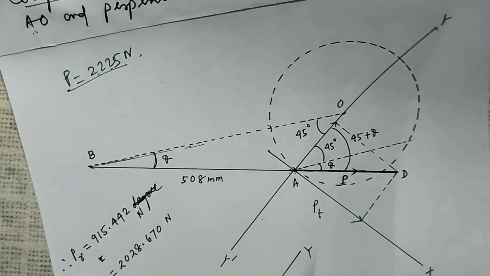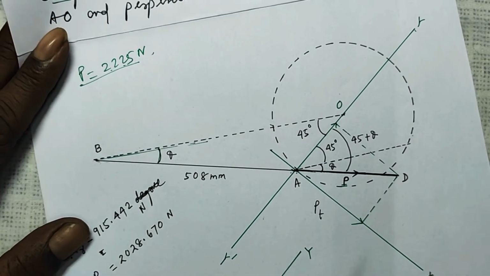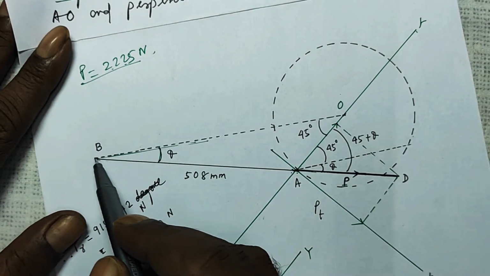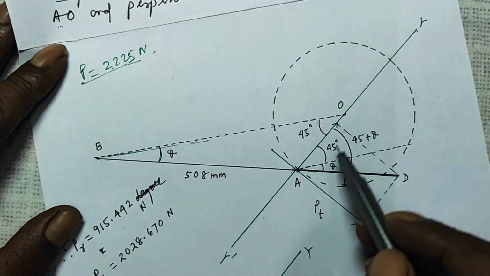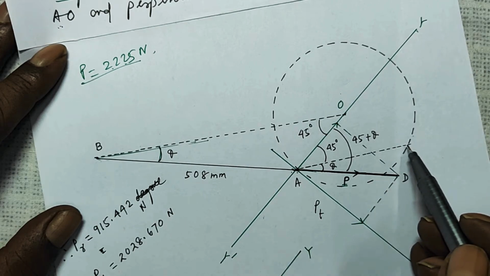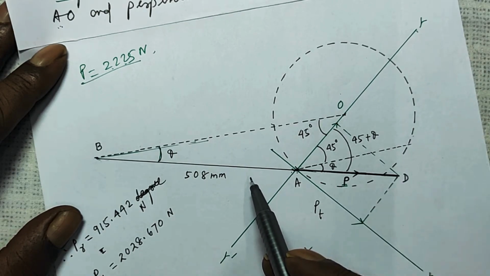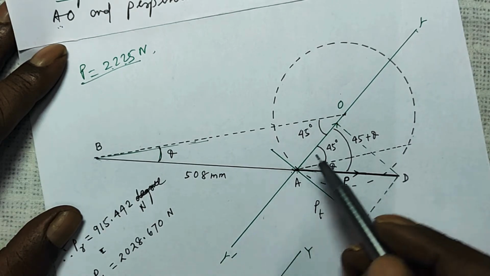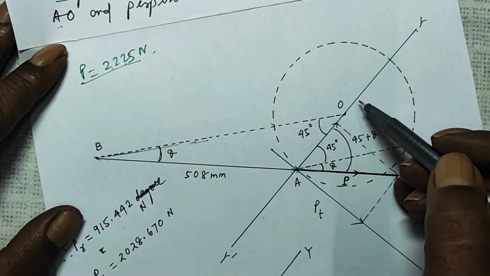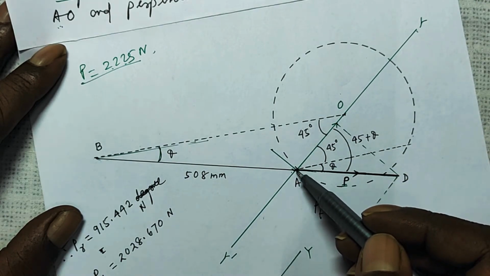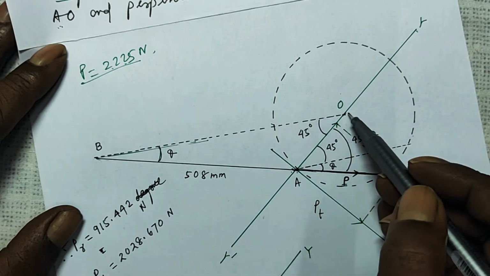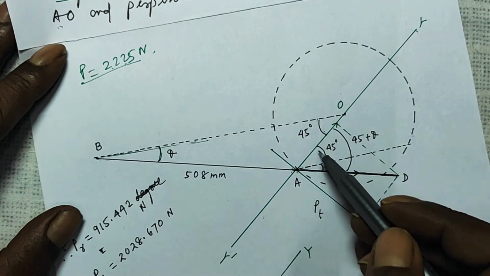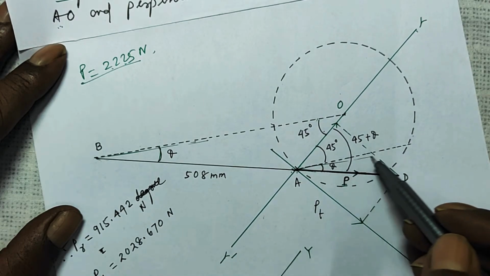So now look at the diagram. This dotted line and this dotted line are parallel, and this is a transversal. So this angle is 45, therefore from here to here is 45, alternate angle.